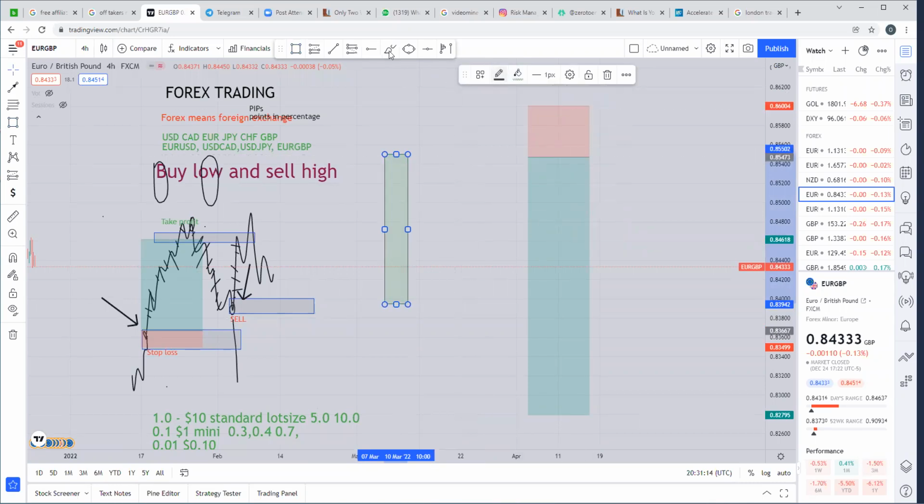Let's give it some wick. Got some wick here. And then this is a bearish candle.